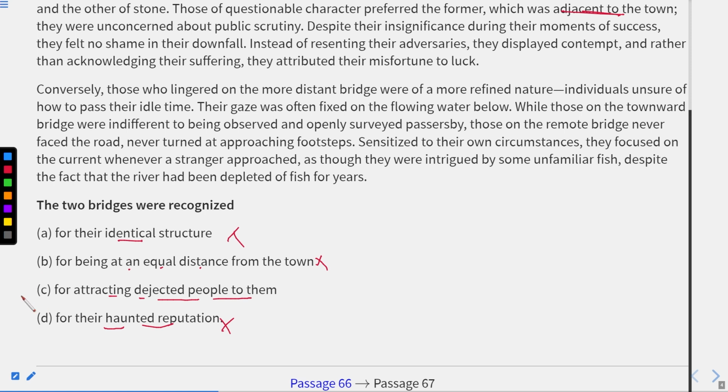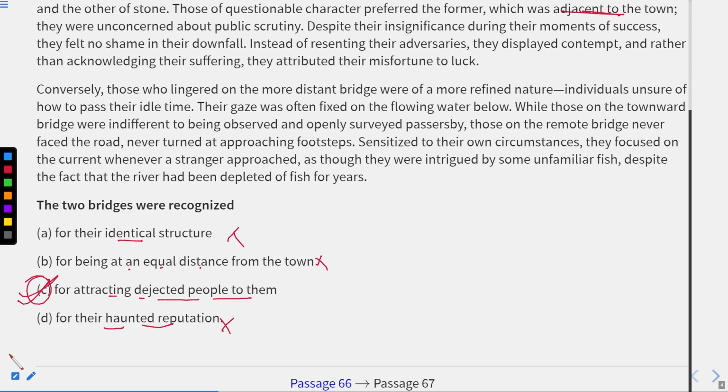Therefore, the correct answer is for attracting dejected people to them, because both the bridges attract those people who are basically dejected. The first bridge, made of brick, attracts those people who are not concerned about this world, who do not care about public scrutiny.